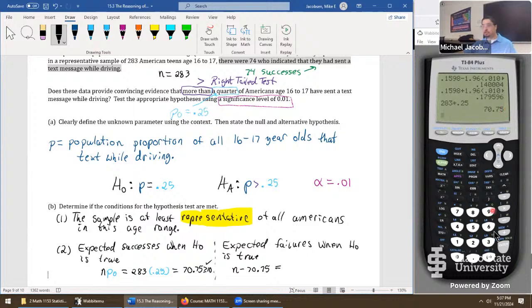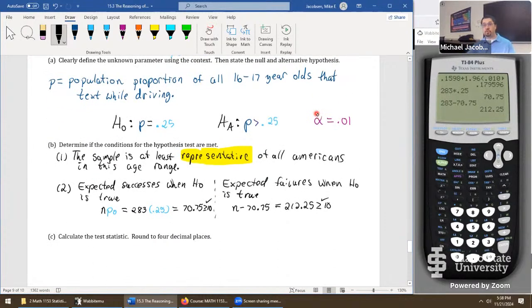Once you get this, you might as well just go 283, hit minus, you can even go up arrow to just paste that down, 70.75. So we get 212.25 failures. This is also greater than or equal to 10.